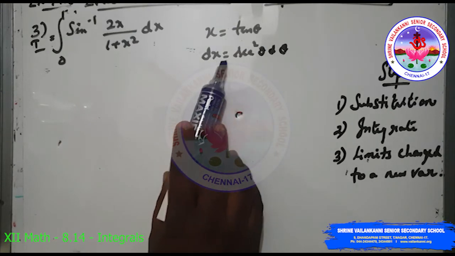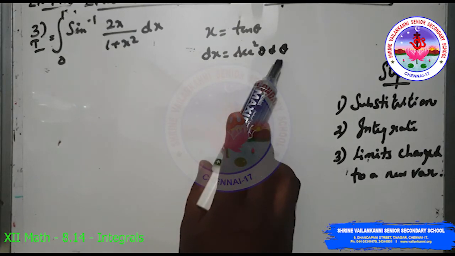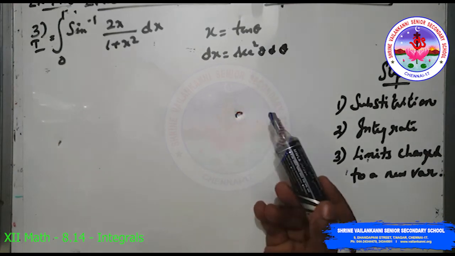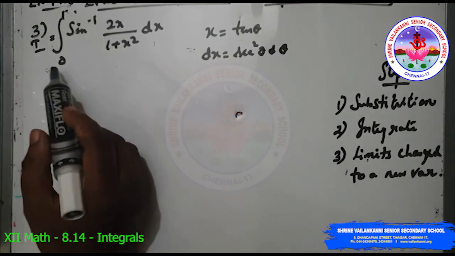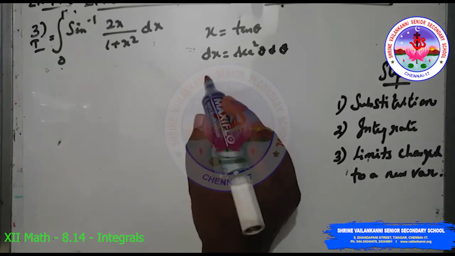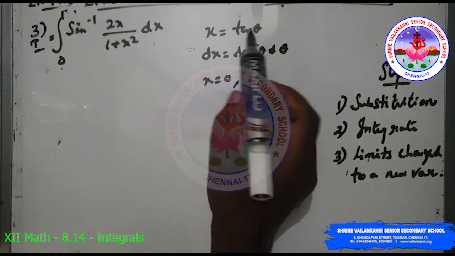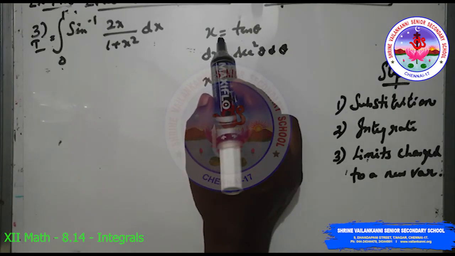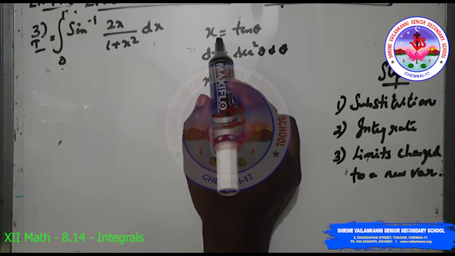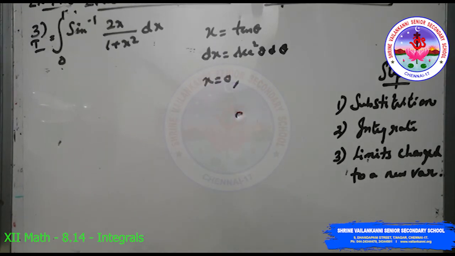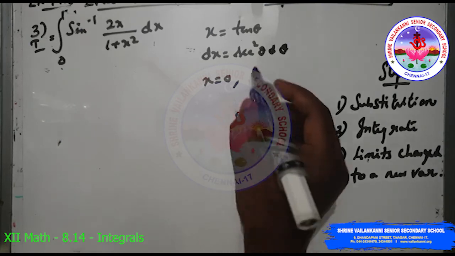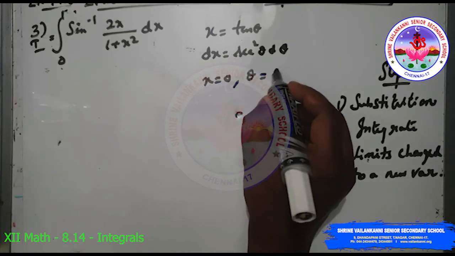When differentiating this, we get secant square theta d theta. Then we have to change the limits also. The lower limit is 0 when x is 0. Substituting here, tan theta is 0, so theta equal to 0.